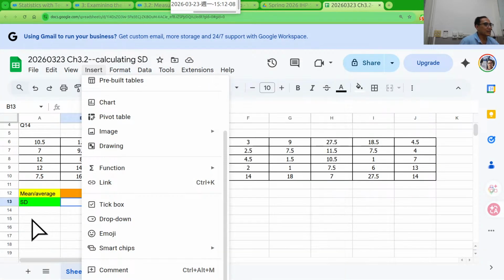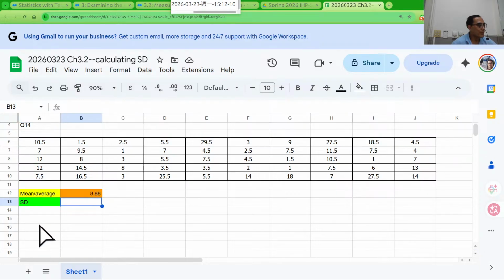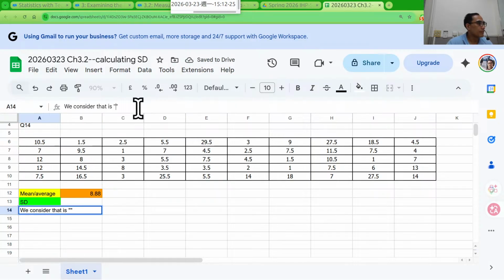We consider that they are samples, not a population.